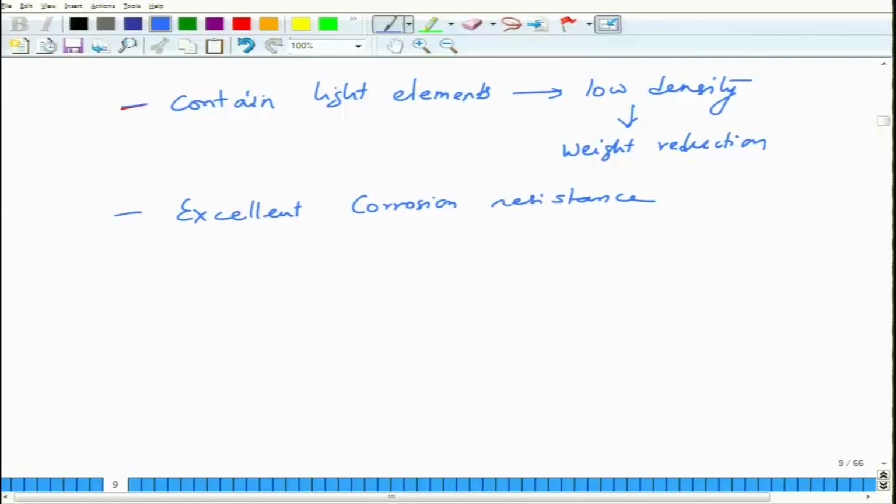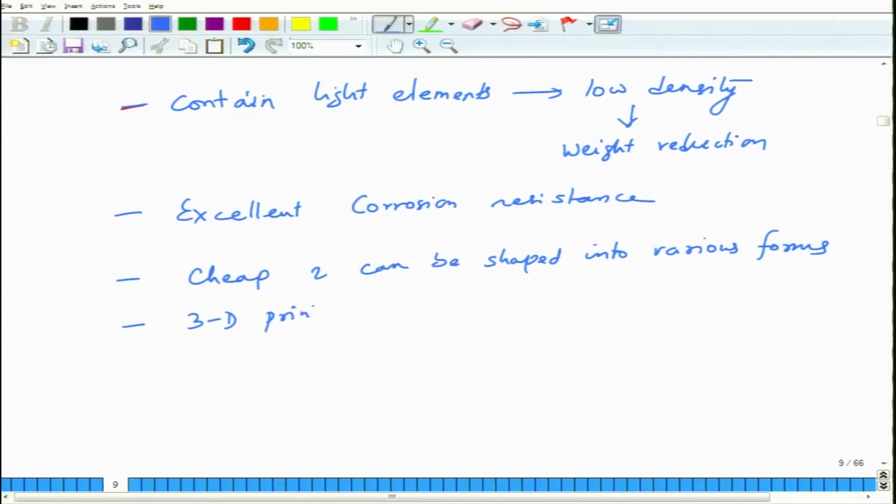They are also cheap because they can be formed at lower temperatures, the processing is easier, and they can be shaped into various forms. In fact, 3D printing nowadays, which is a very important manufacturing method that has revolutionized manufacturing, polymers can be 3D printed very easily. They are also electrical and thermal insulators.